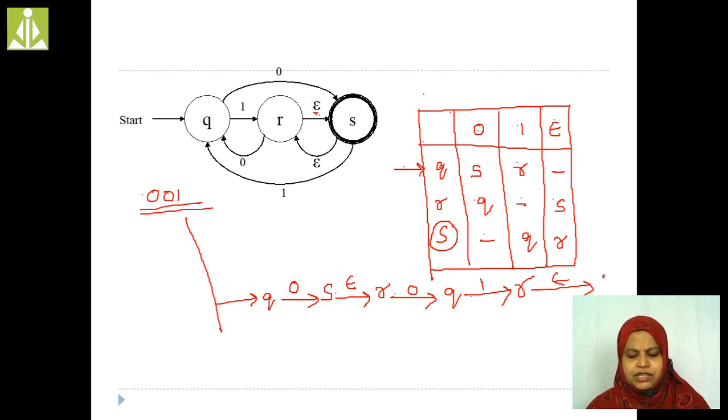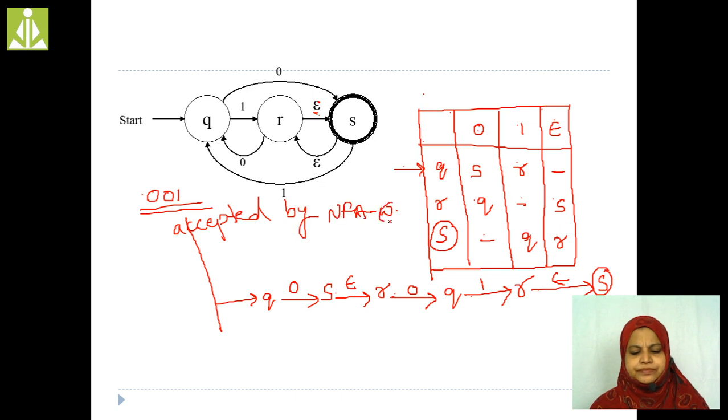See here, epsilon on S, I am reaching the final state. So whenever we reach the final state, it means this string is accepted by this NFA with epsilon moves.